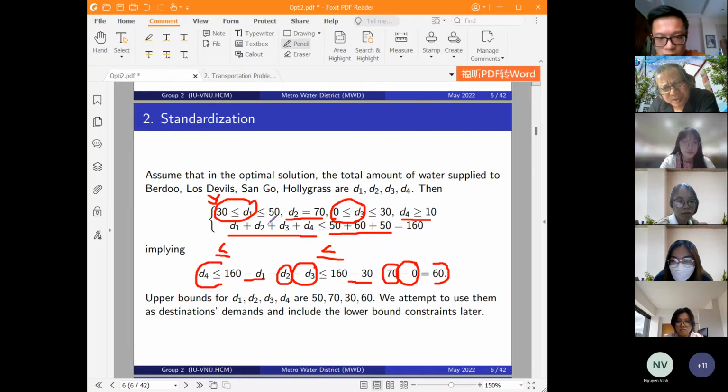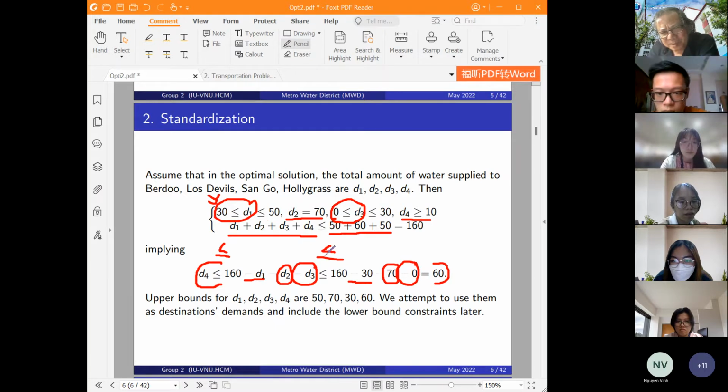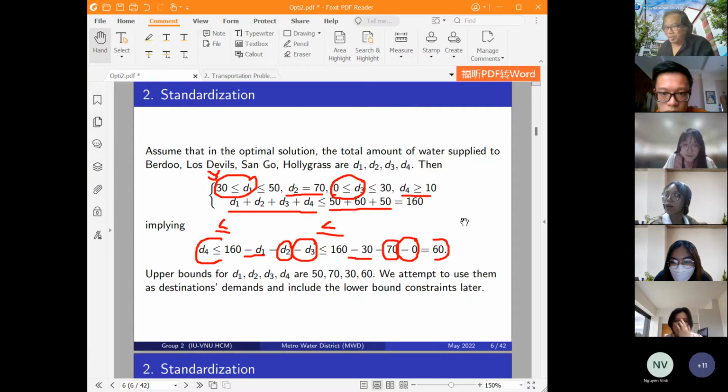The explanation sounds very mathematical, but in practice it's much easier. There is a much easier way to explain. Another member of group 2 can give another explanation for the bound of D4.